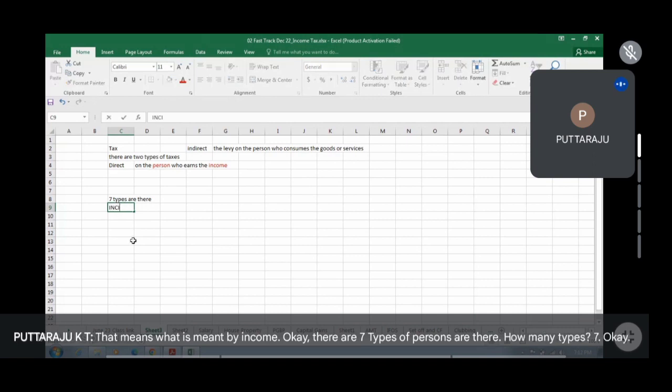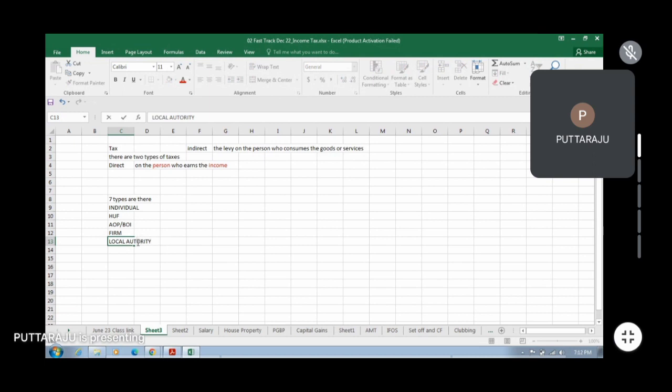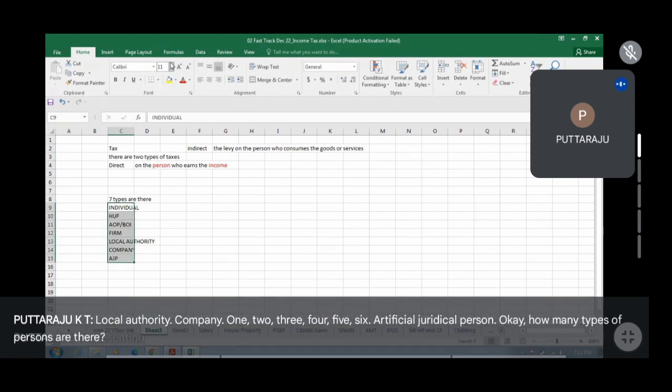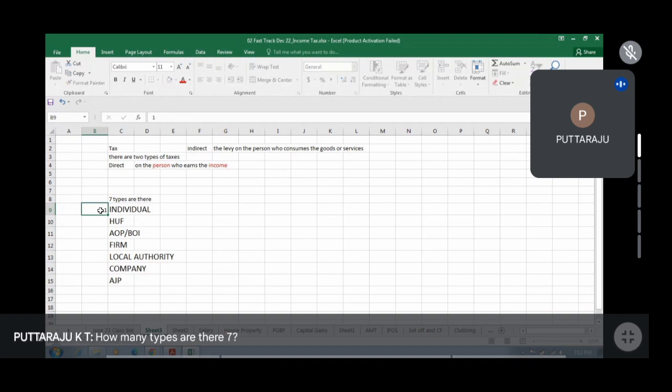Okay, one is individual, HUF, AOP, BOI, firm, local authority, company, 1, 2, 3, 4, 5, 6, and artificial juridical person. How many types of persons are there? 7.